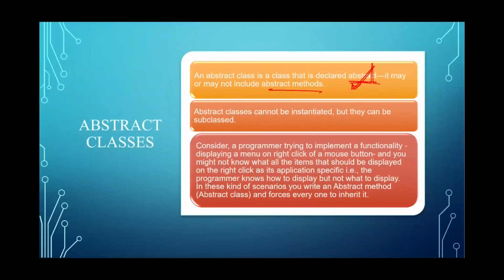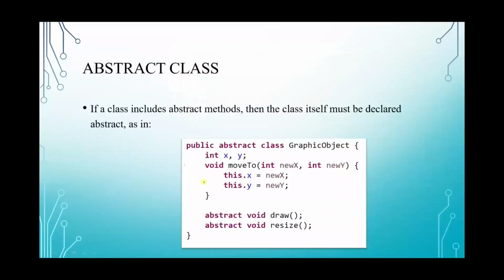So that means that every programmer extending the abstract class that will show a window, but the implementation of what is in this window is different. Now let's make this clear by talking about graphic objects. This is going to show you what I mean by abstract classes being instantiated or not.